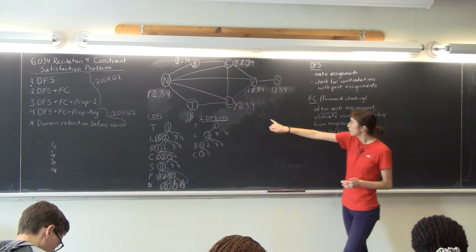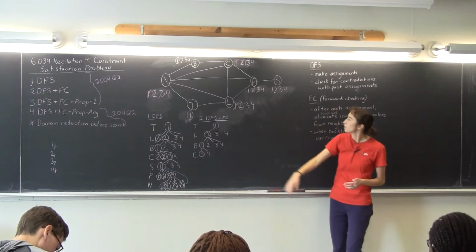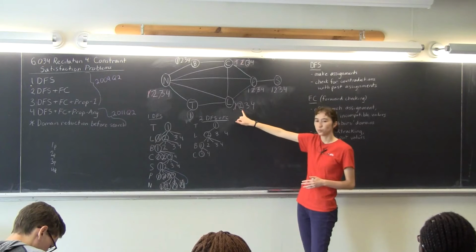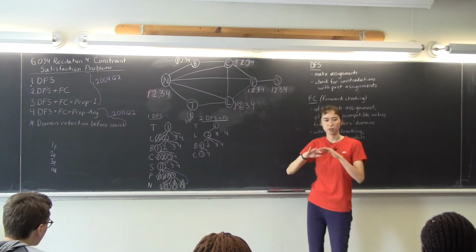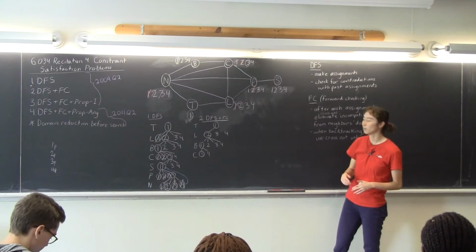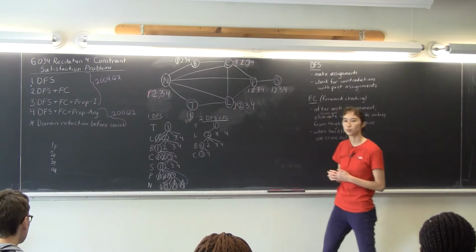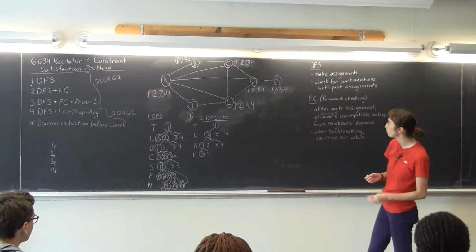And actually, in Lab 4, in which you'll be coding these algorithms, I think the convention is when a variable is assigned, it's as if all of the other values in its domain get eliminated because it's already been assigned. So in that case, the value 3 just wouldn't exist, but that's just an implementation detail.